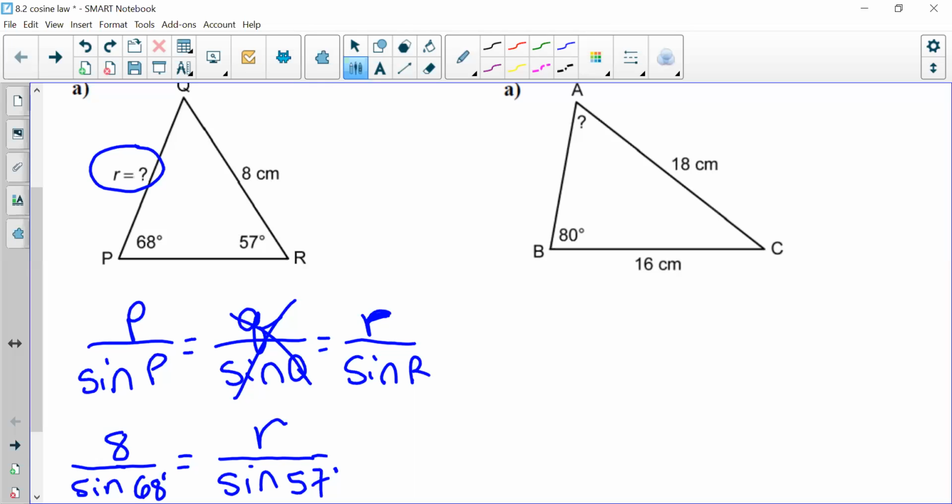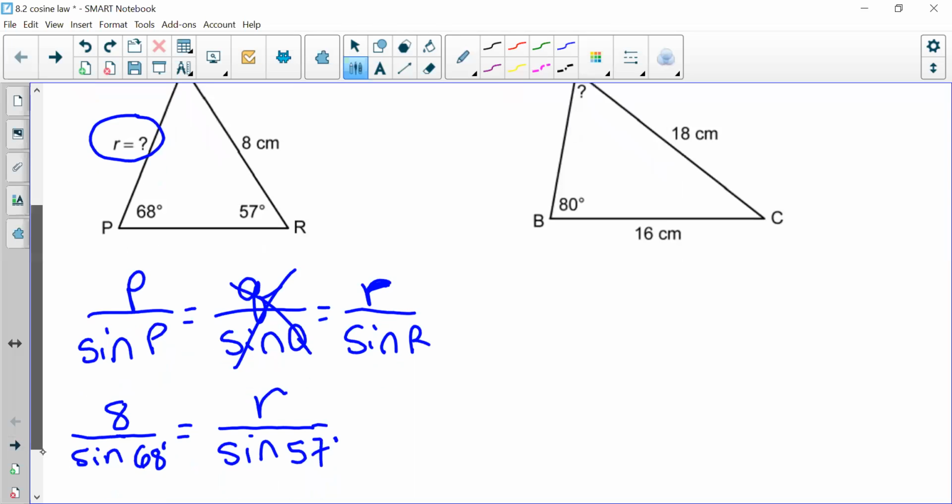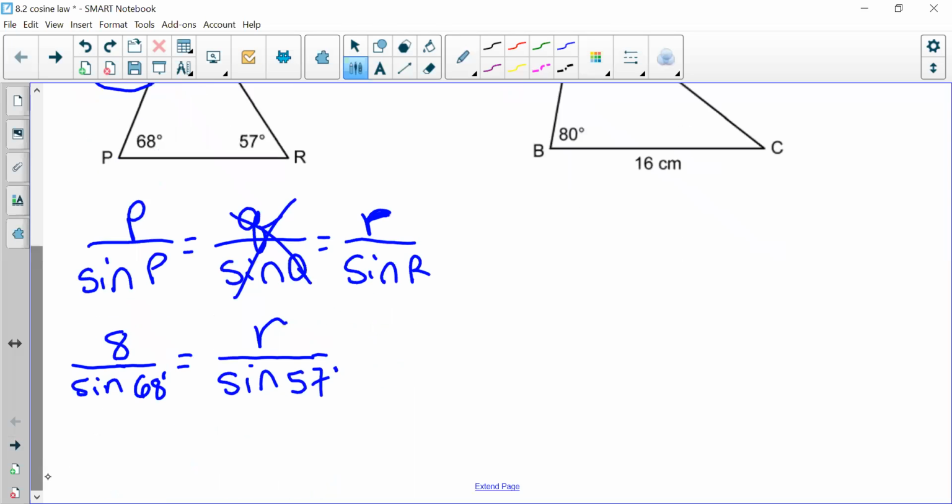So I filled into my formula everything except for one variable, the variable I'm solving for. Here we go. So what I do is I verify the variable that I'm solving for. So I'm solving for R. It's right here. How is this sine of 57 attached to R? Addition, subtraction, multiplication, or division? Division. Perfect.